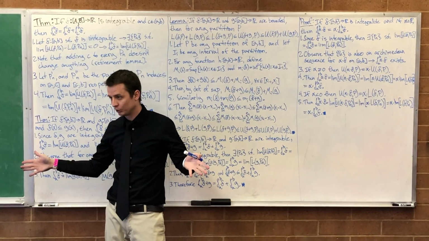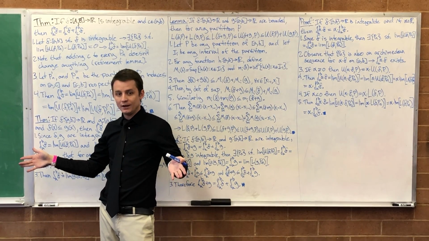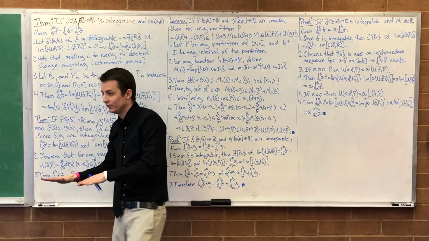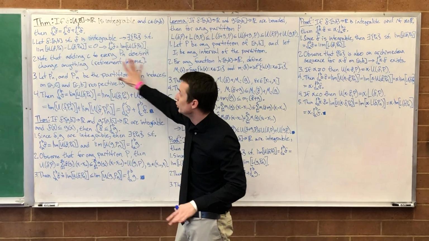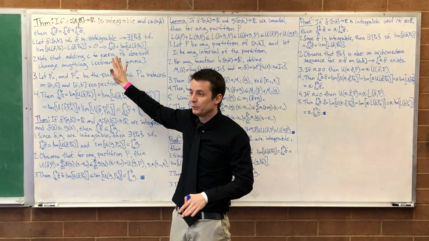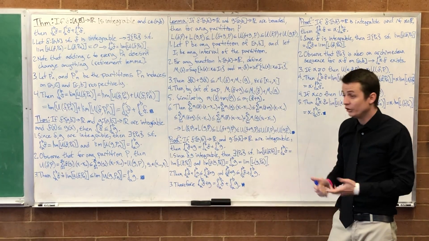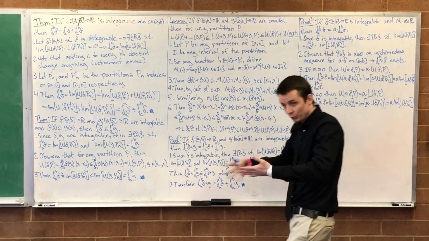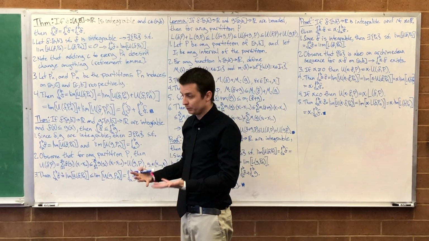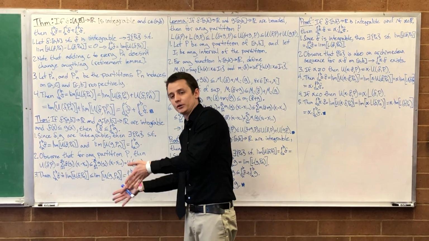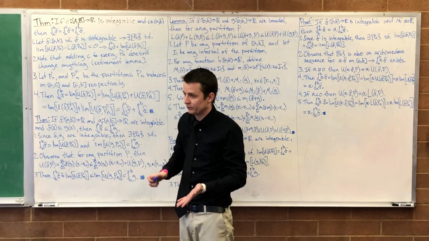It just broke it up into more pieces, right? And breaking up a partition into more pieces doesn't ruin anything. You remember the, what was it called? The refinement lemma? If we give ourselves a refinement of a partition, it only gives us a better approximation. It can't give us a worse approximation.